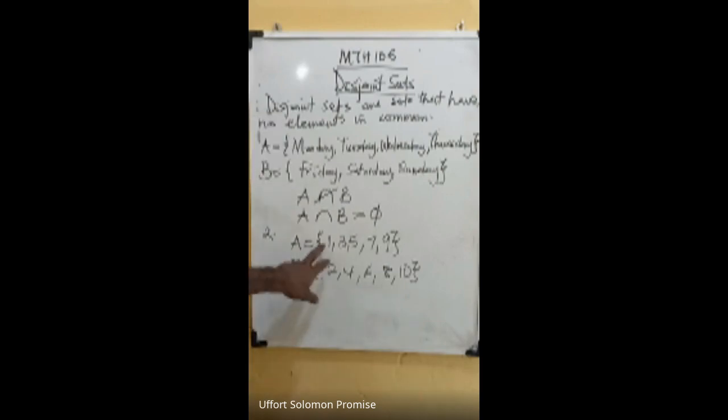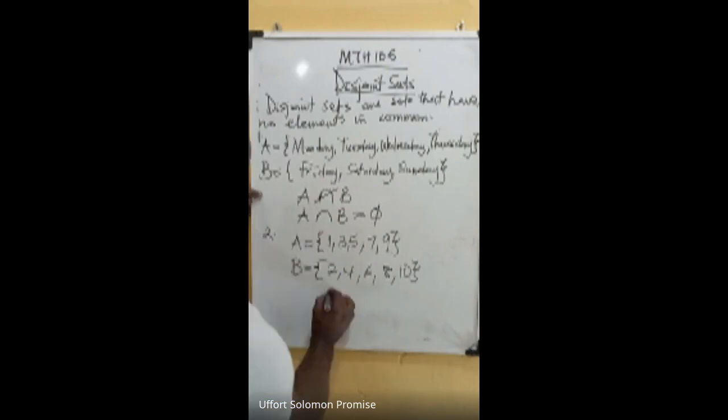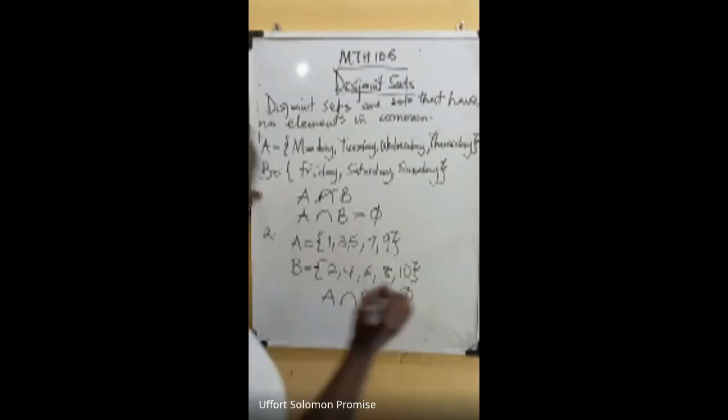Look at the elements here: 1, 3, 5, 7, 9, then 2, 4, 6, 8, 10. There are no elements that are repeated in any of the sets. So they are actually disjoint sets. We can also put it the same way: A intersection B is empty. That's just it about disjoint sets.